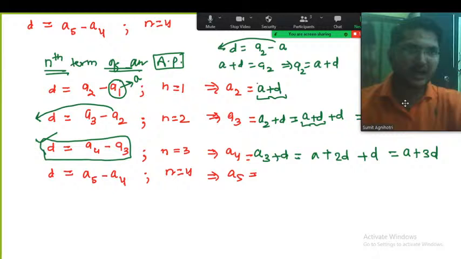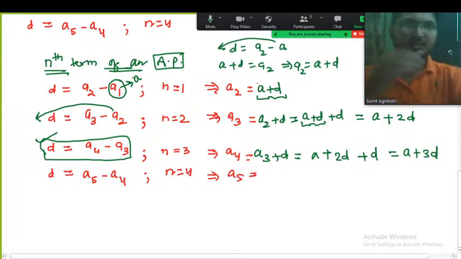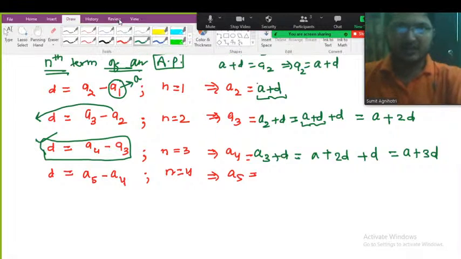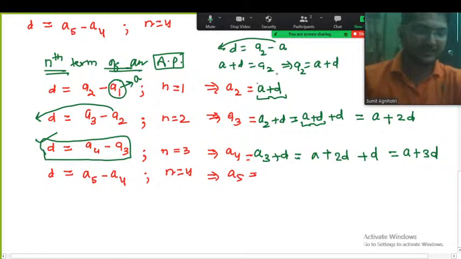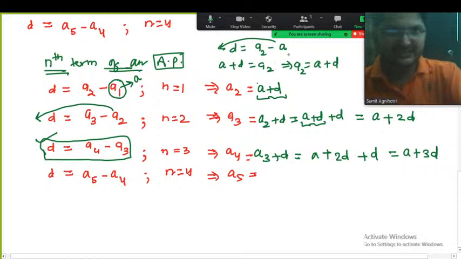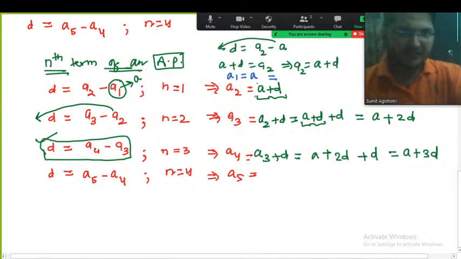Now if you are okay with all this discussion, it's our turn to conclude something. We just assumed the first term as A, and now we try to conclude something out of all these observations. Here we got A plus 1D for the second term.